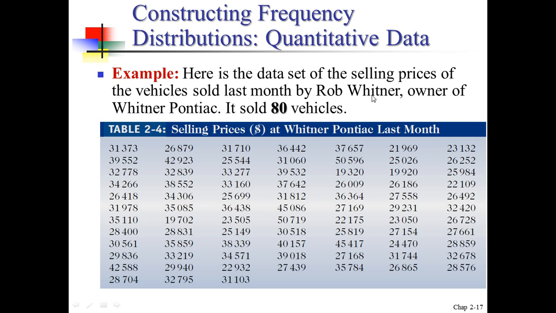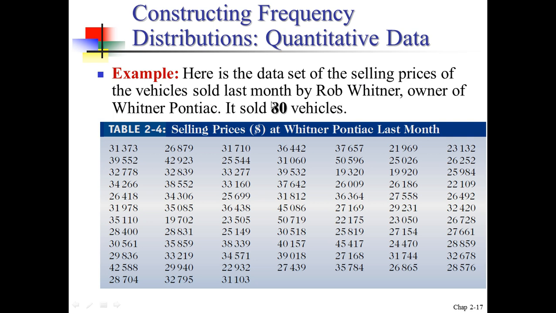Last month, Rob sold cars at different prices. From one car to the next, they may not be sold at the same price. That's why this data set is about the selling price of cars sold last month.